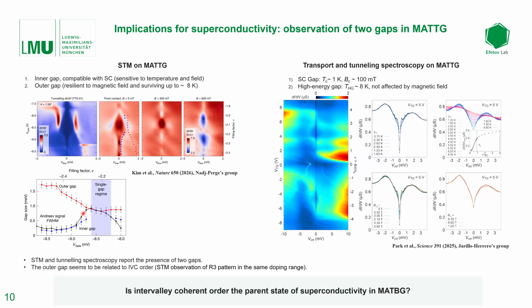And in principle, these gaps coincide in a certain region of doping, but then they also diverge from one another. So the superconducting gap typically lives much closer to filling factor 2, whereas the IVC gap extends much further out to filling factor -3.